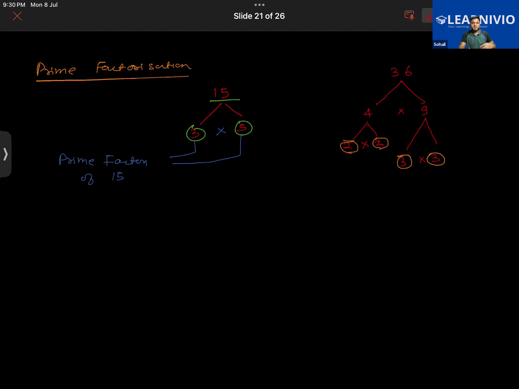So the number 36 can be written as 4 times 9. 4 can be further broken down into the factors 2 times 2. 9 can be further written as 3 times 3. Now the numbers 2 and 3, are they not prime numbers? Yes. So the number 36, can we write this as 2 times 2 multiplied by 3 times 3?